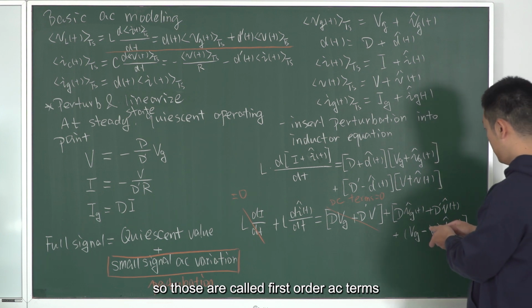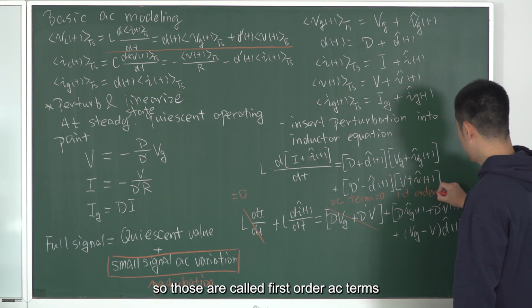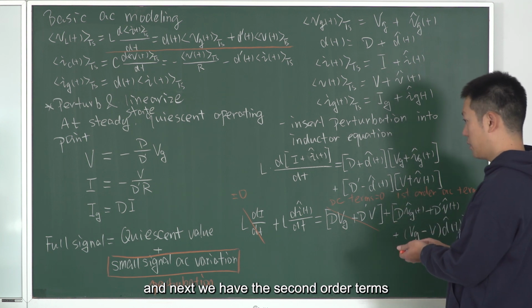So those are called first order AC terms. And next we have the second order terms, right?